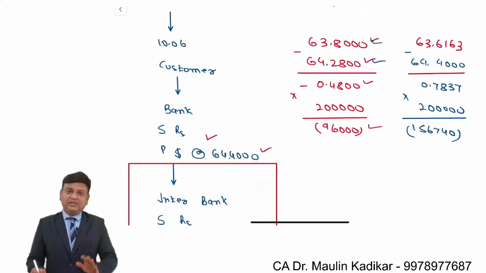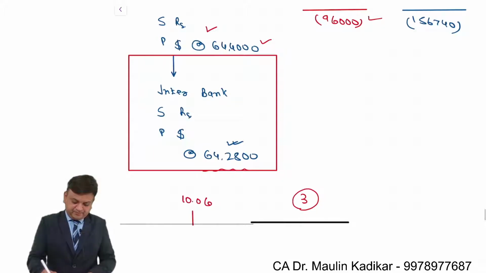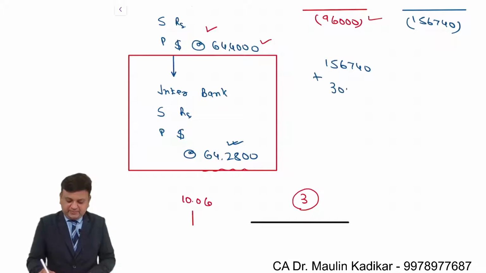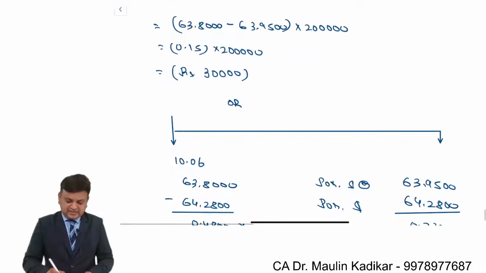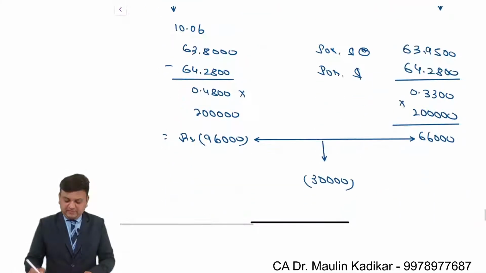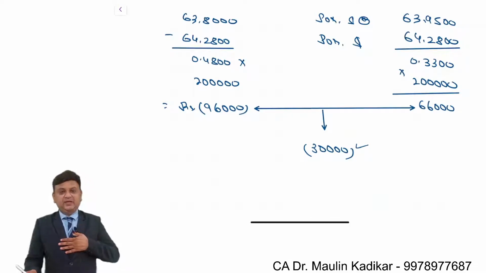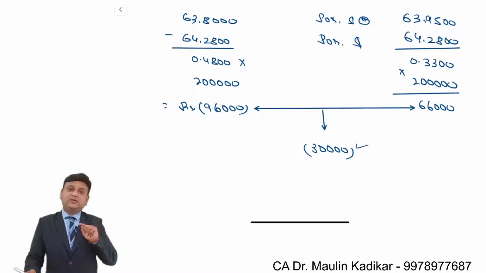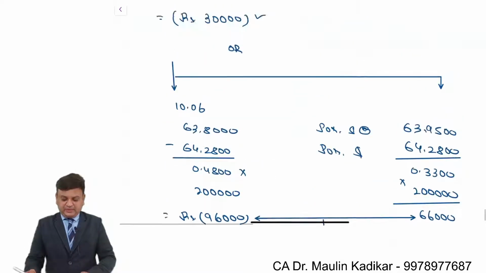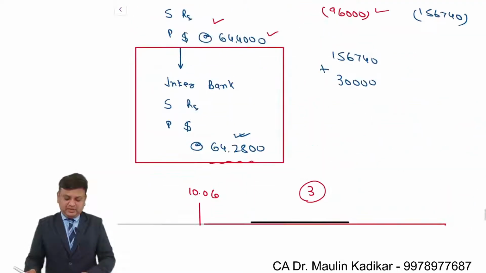Second thing that we will tell him is that apart from paying this 156,740, you have to pay swap loss of 30,000. We may work out the answer in this way or in this way. Either way, I have incurred a loss of 30,000 because of you, because you did not come on time. So you have to pay that 30,000 rupees of loss to me.